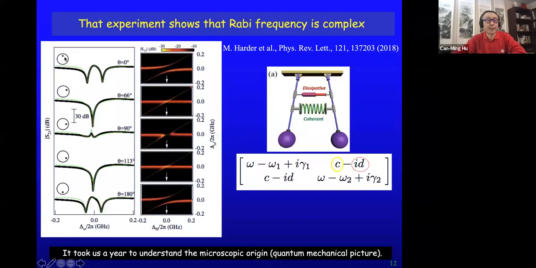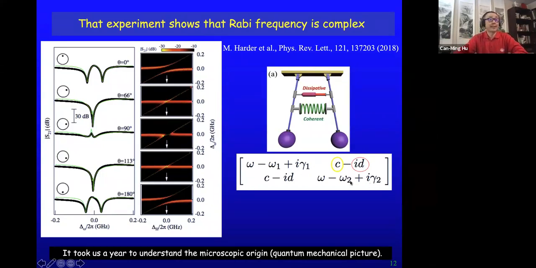And if you change the position of the YIG, you can see the system goes from the coherent coupling dominated case to the dissipative coupling dominated case, and in between these two coupling terms will effectively cancel each other as if there is no coupling in between.